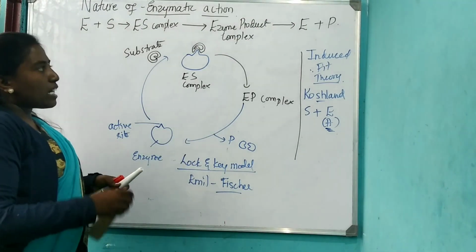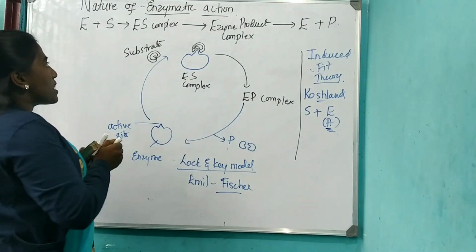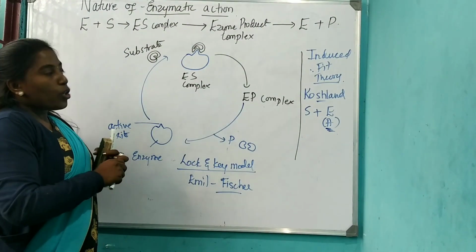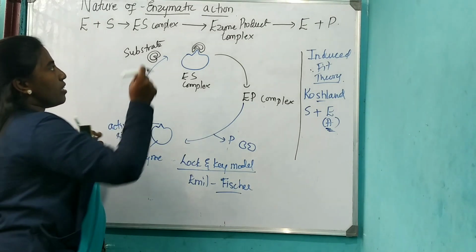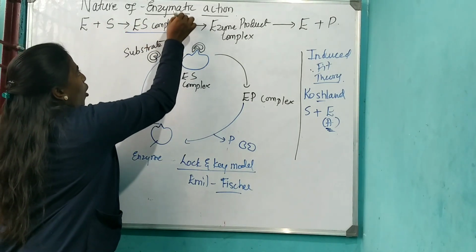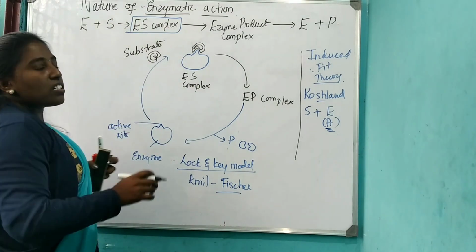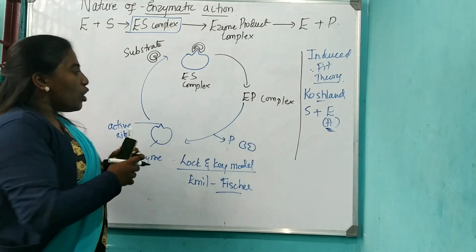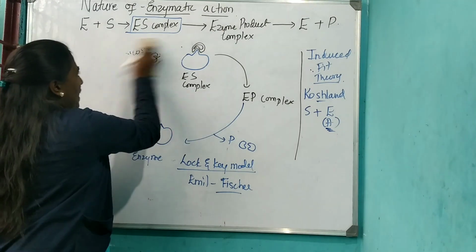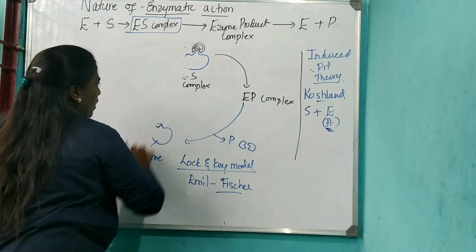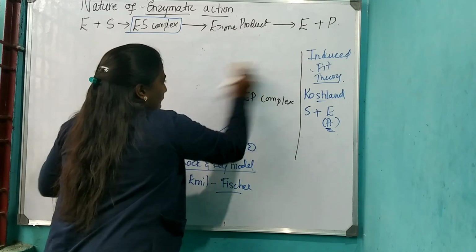As you know, the enzyme acts as a catalyst. If the enzyme should act as a catalyst, the obligatory complex formation, that is the enzyme substrate complex, is required. So let us see the catalytic properties of the enzyme.